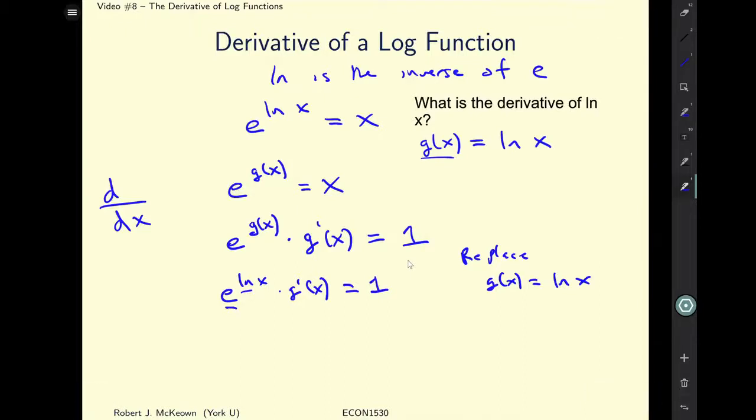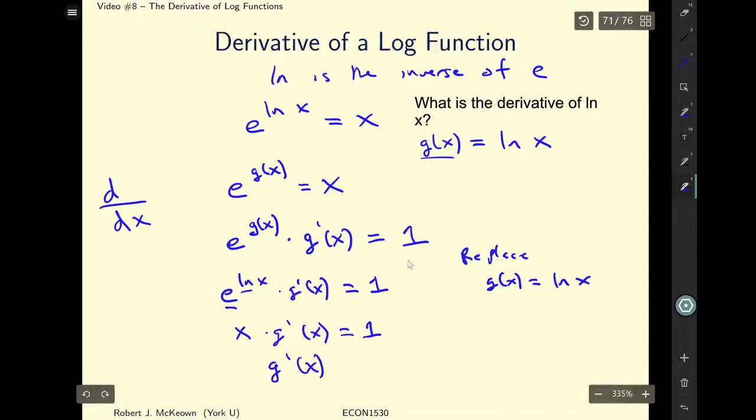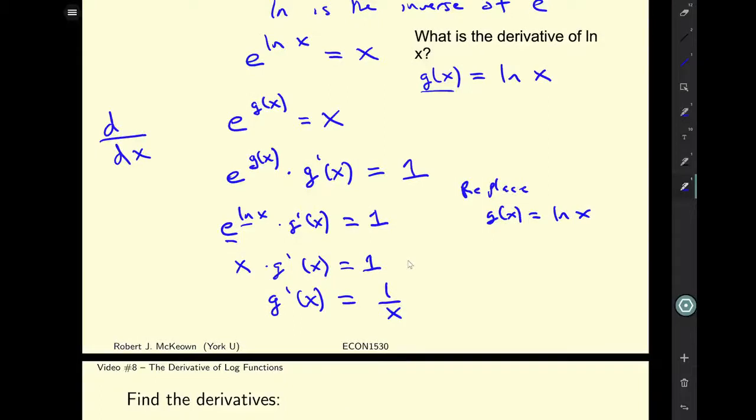These two are inverses, and so we're just going to be left with x times g prime x is equal to 1, and g prime x, that's the derivative of the original g of x function, is going to be equal to 1 over x. And finally, what do we get? We get the derivative of log x is equal to 1 over x.